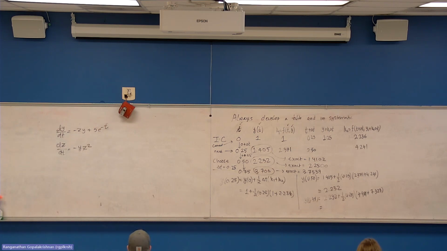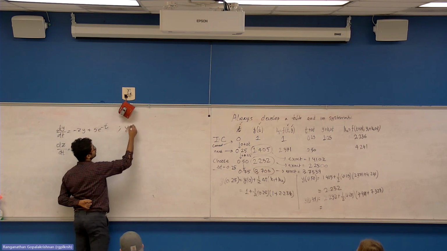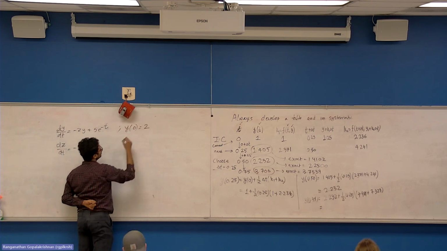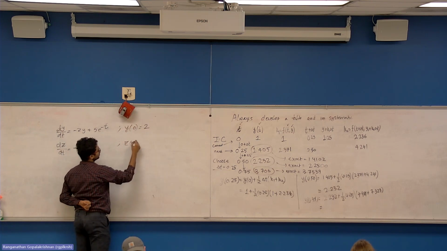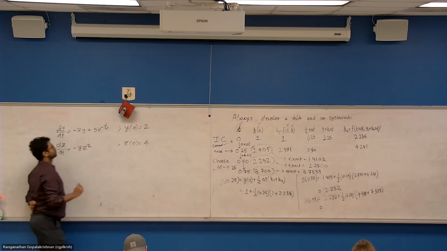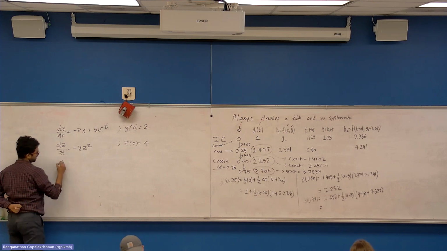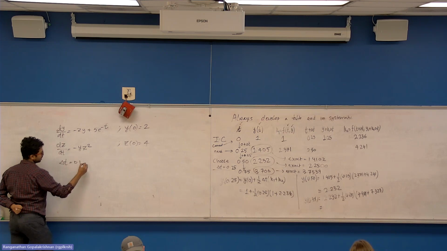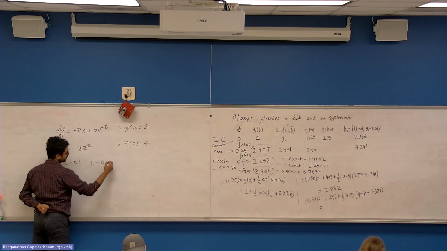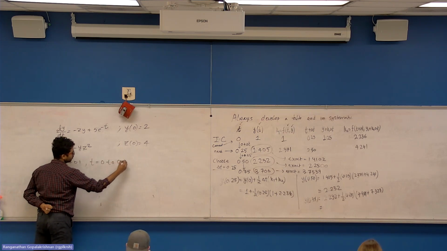This is the problem. It involves two variables y and z which depend on time, and initial conditions are y of 0 equal to 2 and z of 0 equal to 4. And the book is suggesting a step length of 0.1, delta t equal to 0.1, and solve from t equal to 0 to 0.4.